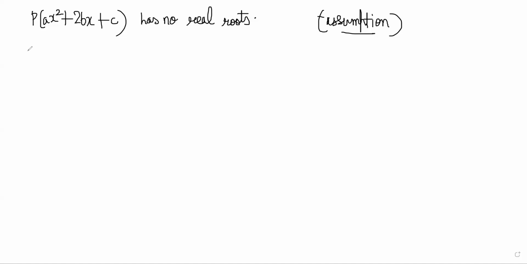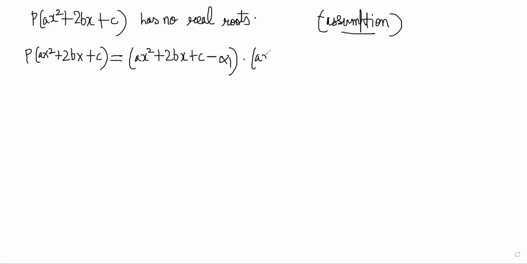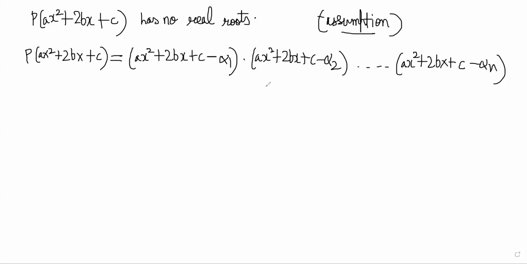Like we had written this as a product of factors: ax square plus 2bx plus c minus alpha 1 times ax square plus 2bx plus c minus alpha 2 till ax square plus 2bx plus c minus alpha n.